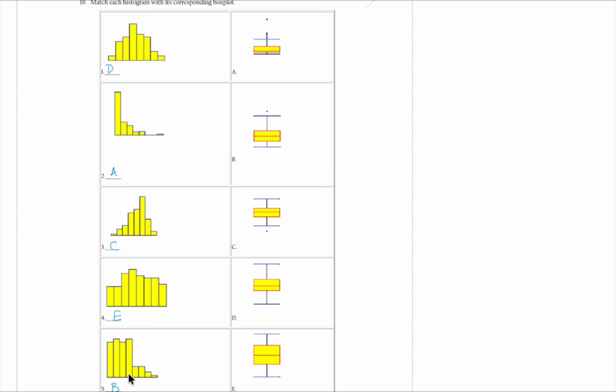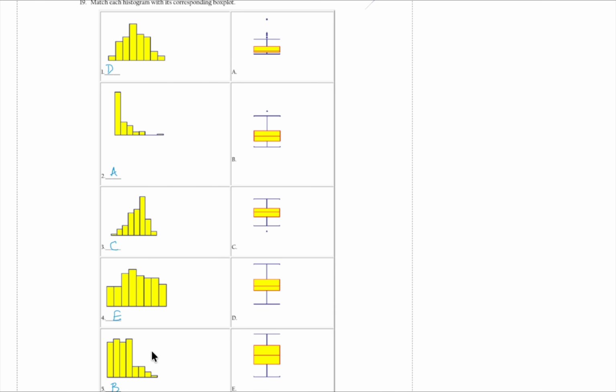That's different from histogram 5 in here. There's still a lot of data centered at the left side, but not all of the data are clearly on the left side. There's still some data probably in the middle right here.